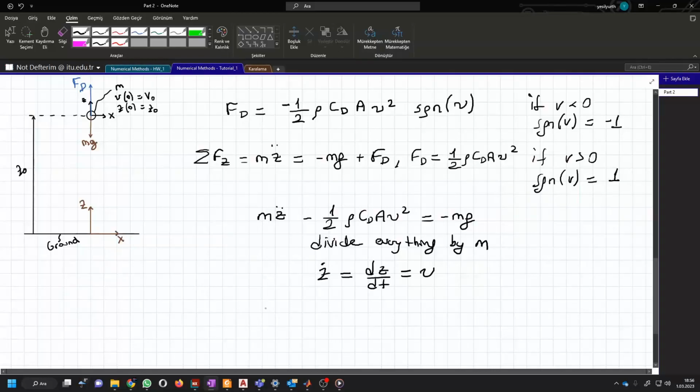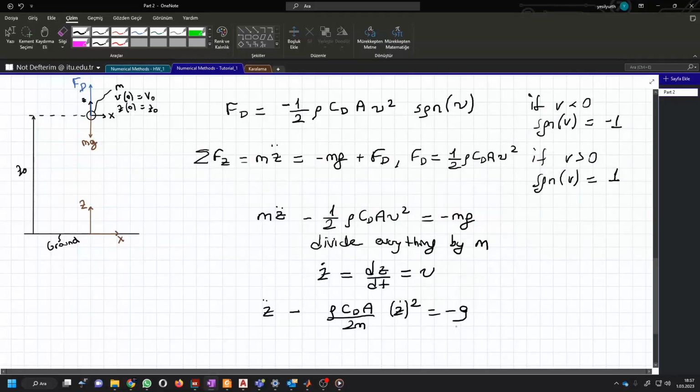And finally my equation will become like this: z double dot minus rho times Cd times A over 2m times the square of z dot will be equal to minus g.